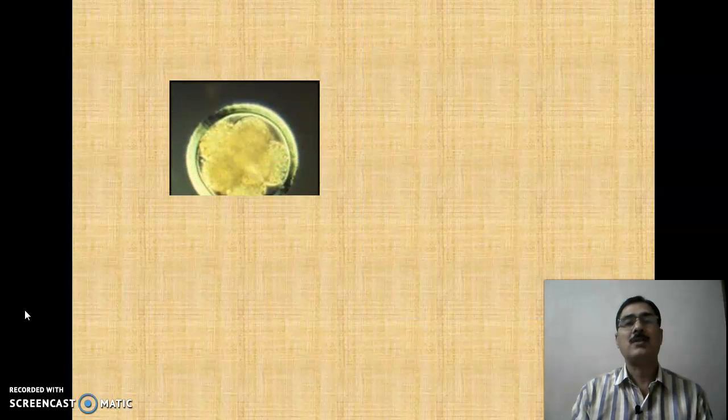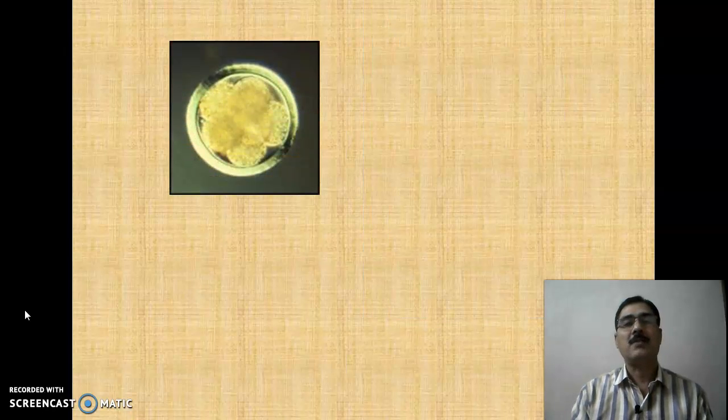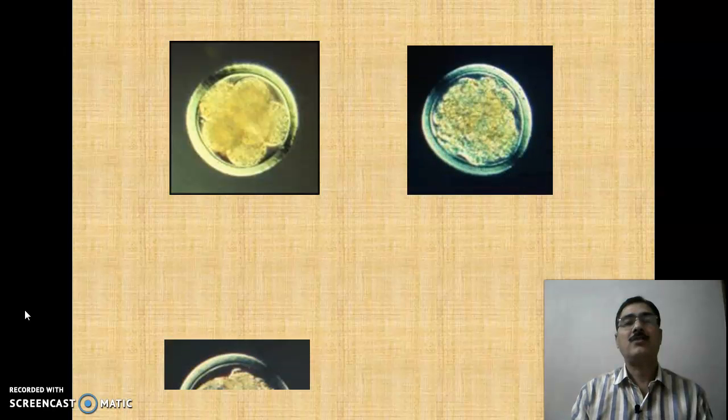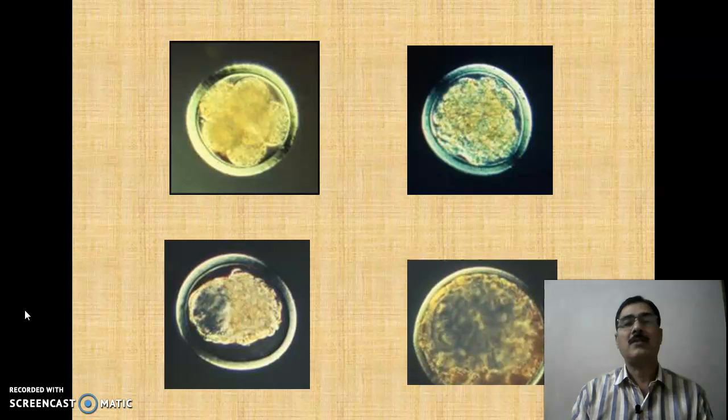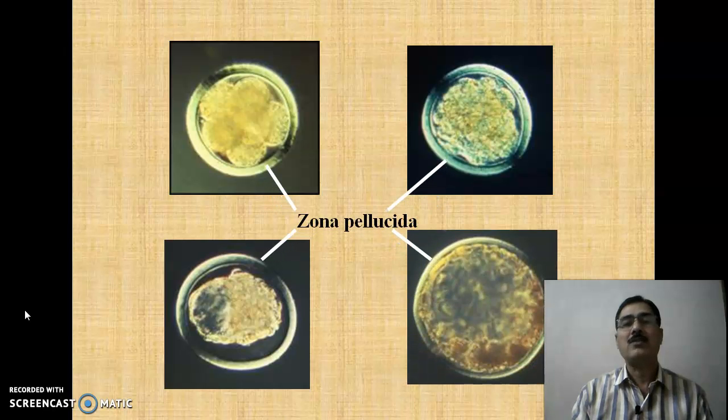The whole process is described in the previous slide, and now you can see how the whole process is taking place, and there is clear-cut presence of zona pellucida. Beginning from the first photo to the last, you can see a large number of cleaved blastomeres.